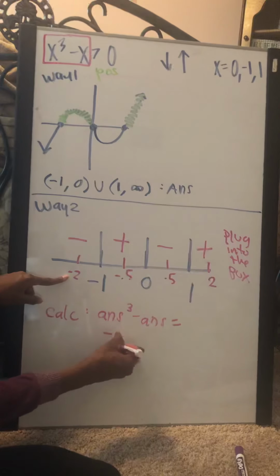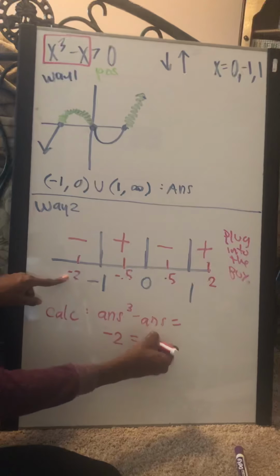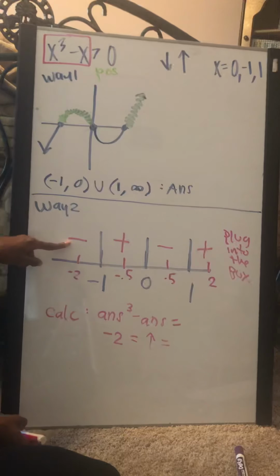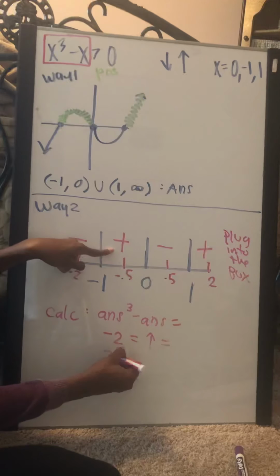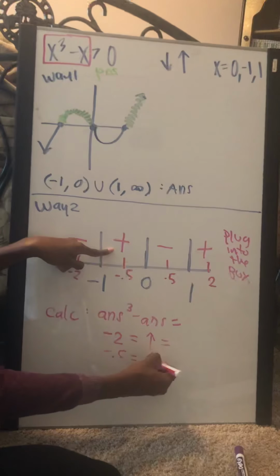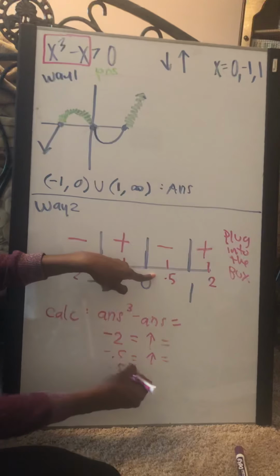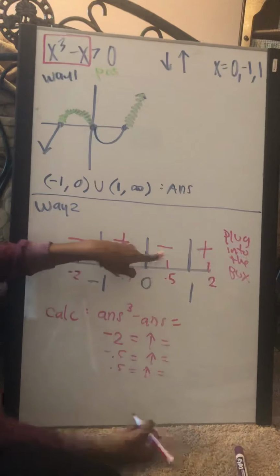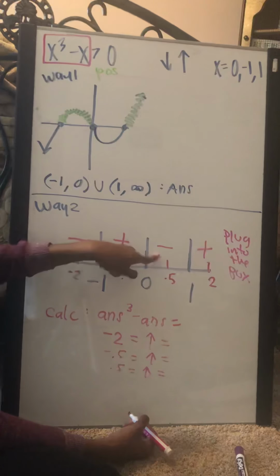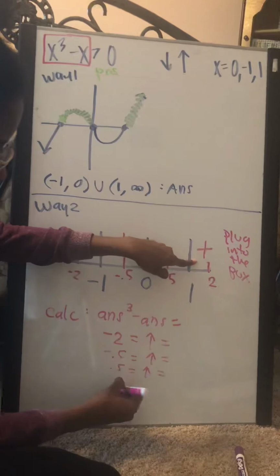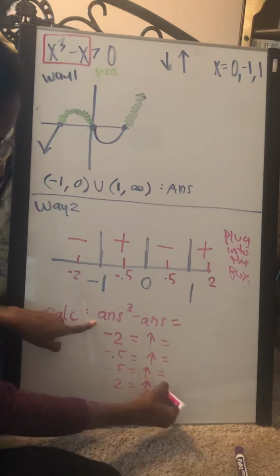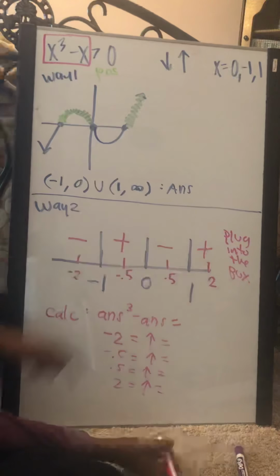So then we do -2 equals, then we go back up and hit equals, and it's going to give you a negative number. Then you do -0.5 equals, go back up, check it, and it's going to give you a positive. Then you do -5 equals, go back up, equals, and it's going to give you a negative. Sorry, I think I said negative here, positive, then a negative. Then you hit 2 equals, go back up to original problem, hit equals, and it should give you a positive, okay?